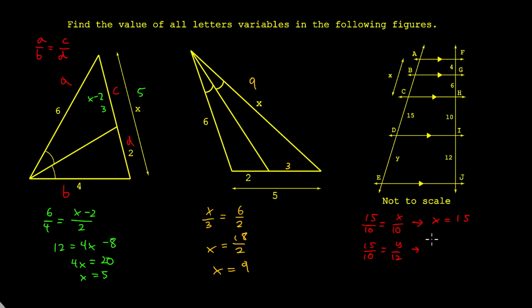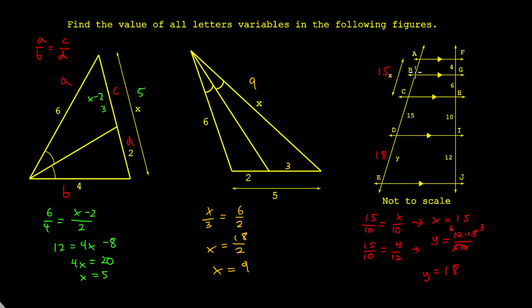And rearranging that gets us Y equals 12 times 15 over 10. Dividing 12 and 10 by 2, we get 6 over 5. And then 15 over 5 is 3. So then Y equals 18. So then bringing these up here, we can say that Y is 18 and then X is 15.